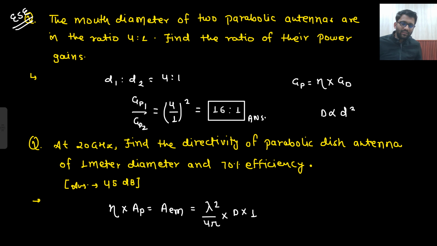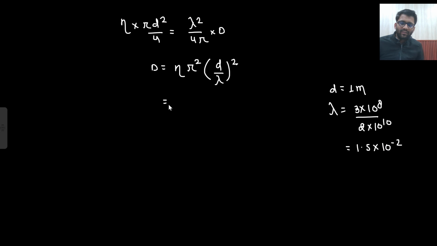So what is eta? 0.7 into pi square into d, which is 1 upon 1.5 into 10 to the power minus 2, whole square. So what is the answer you are getting? 100 divided by 1.5 whole square into pi square into 0.7.